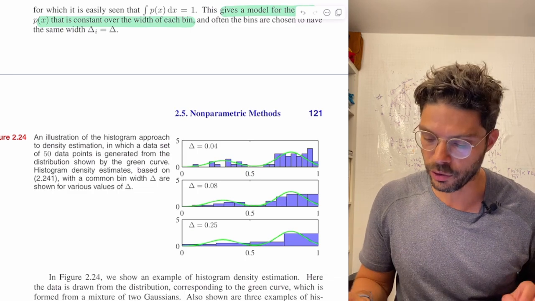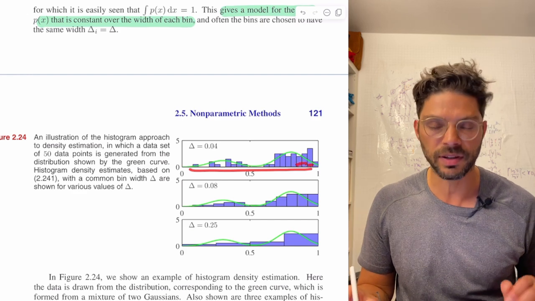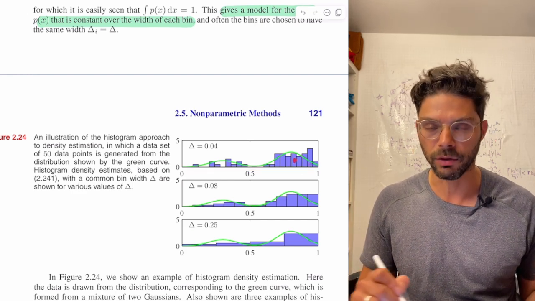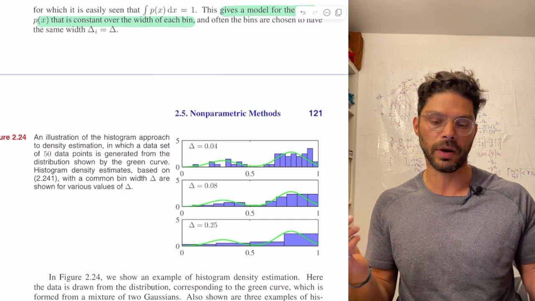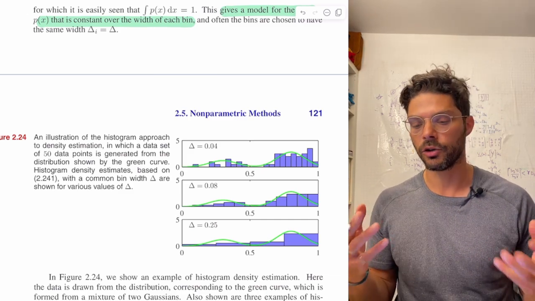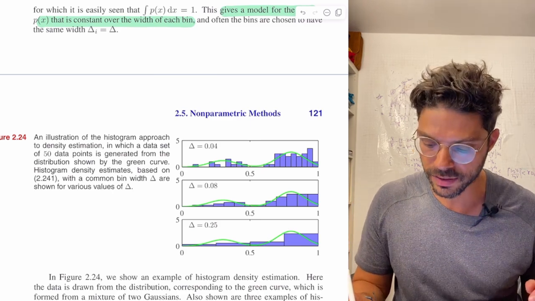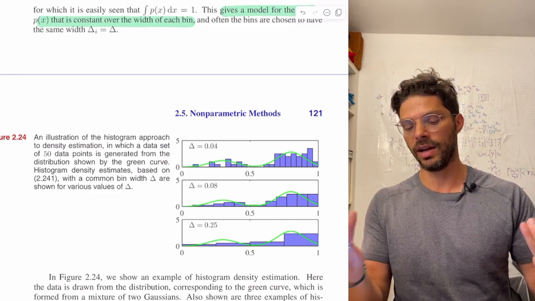The idea is that you bin up this domain into these little bins, and then count how many of your points fell into each bin. Here all of these bin sizes are the same, but in general they don't have to be, so you can use different bin sizes. We're essentially trying to model the distribution with these regions of constant probability. And the question is, how do we assign those probabilities?